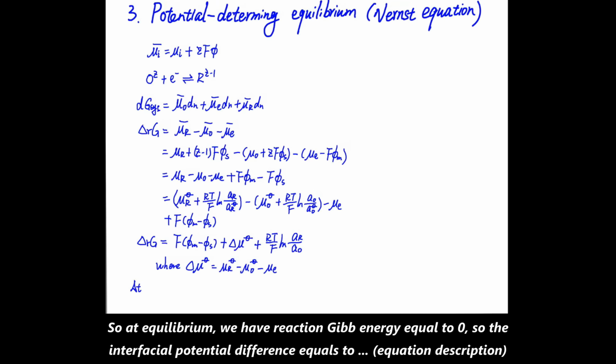So at equilibrium, we have the reaction Gibbs energy equal to 0, so the interfacial potential difference equals minus Δμ standard over F minus RT over F ln aR over aO.